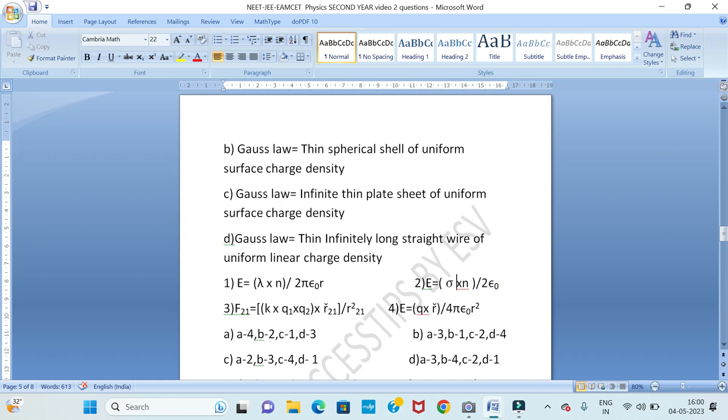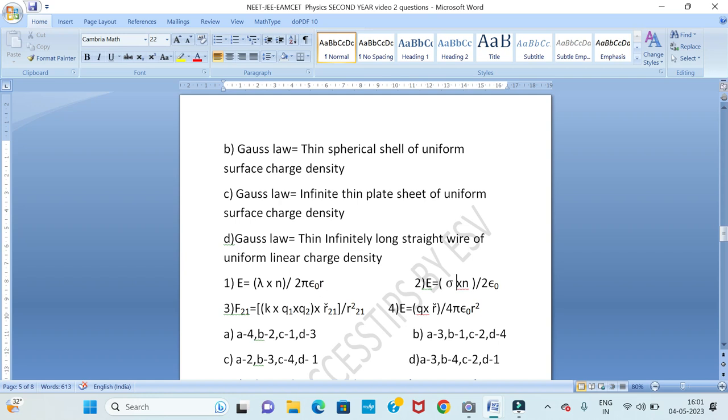F21 is equal to K into Q1 Q2 into r21 by r21 squared. This is r, this is r bar, that is why we can't cancel. Both are different terms. r bar 21 is a unit vector in the direction from Q1 to Q2.